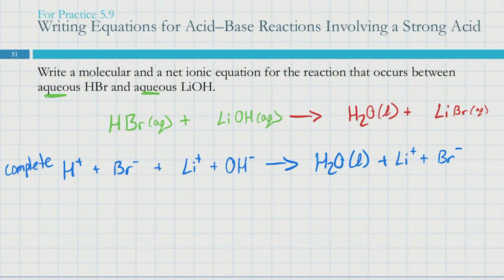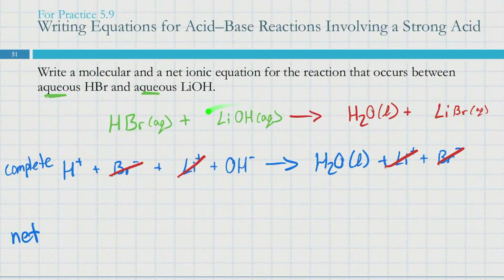We also want our net ionic equation. So we're looking at writing just the things that reacted, just the things that actually changed. The things that didn't change were the bromide and the lithium. One way that we can see that is we've got lithium bromide that's aqueous at the end. It didn't react.